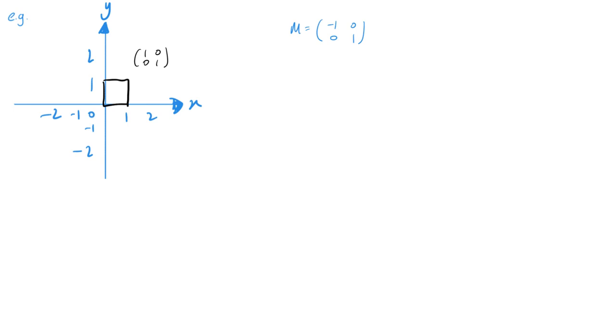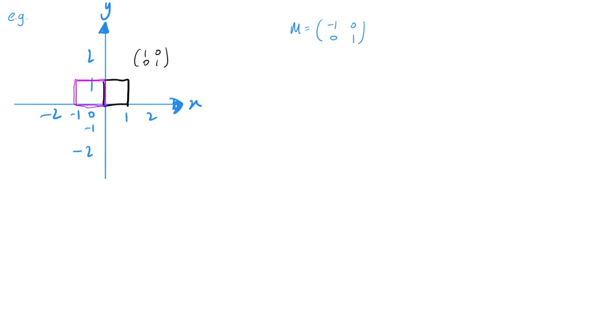It'll change the (1, 0), which is this point, into (-1, 0), so over here. And then this one will stay the same. So I'll draw this in purple. It will end up being this purple one here.